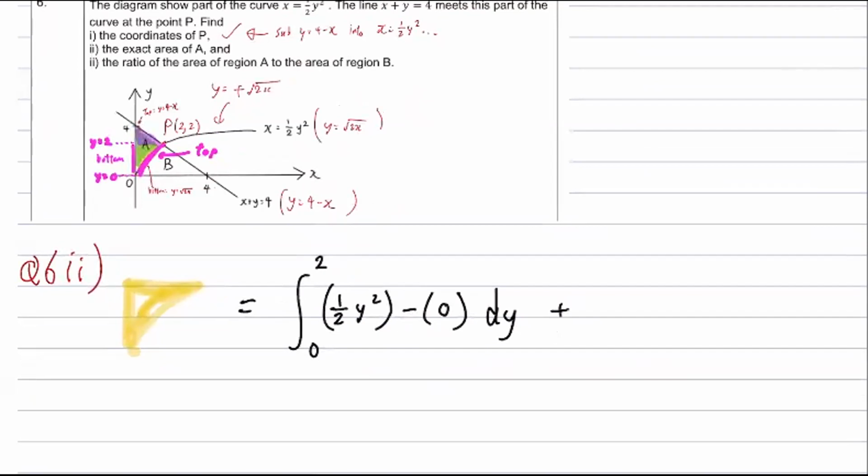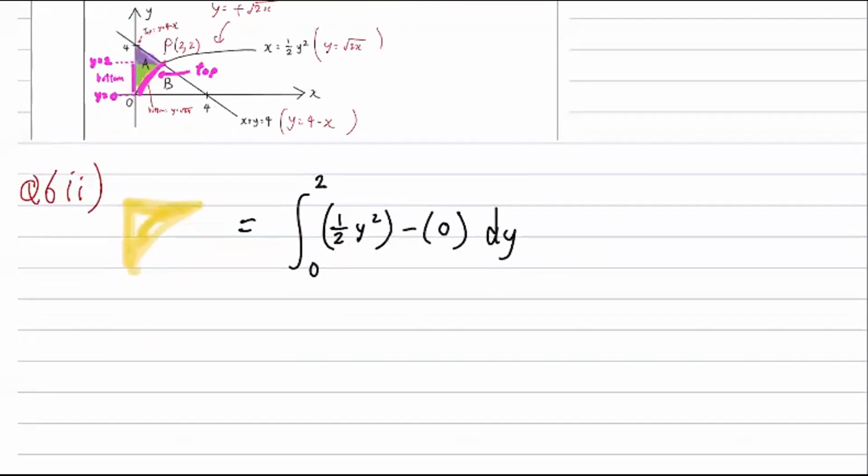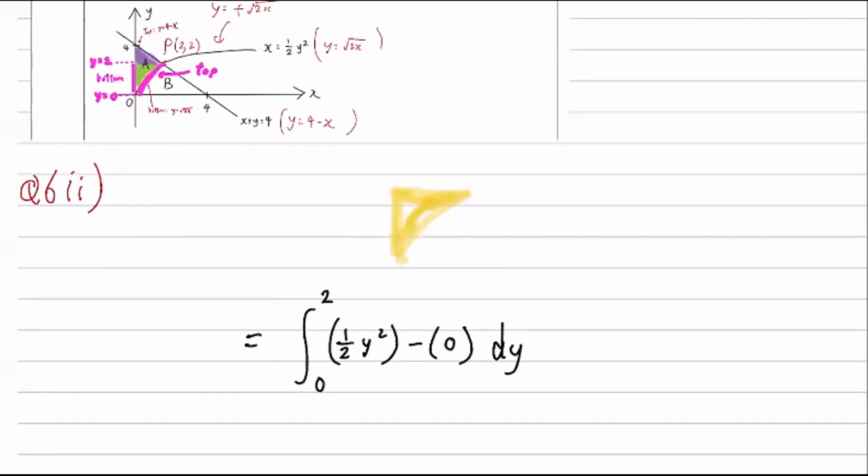Then you add on the second region, which is the purple one. Maybe I should write my working like this. What shape is the purple region?